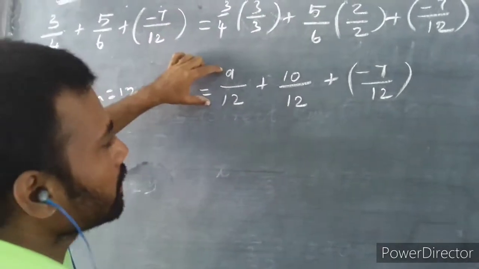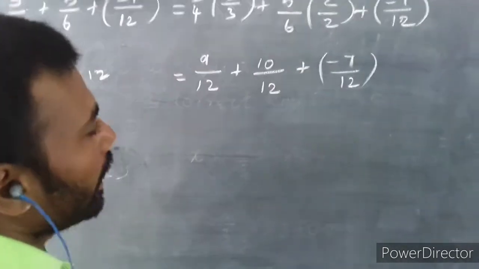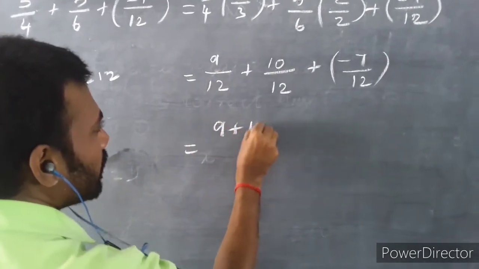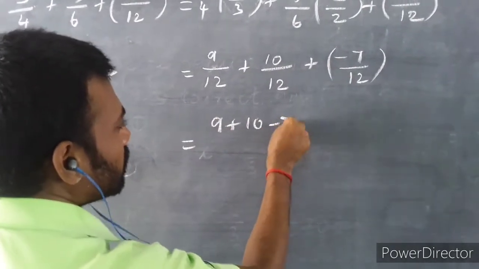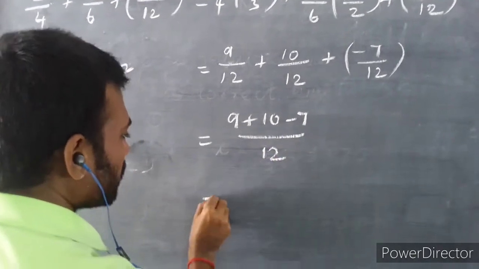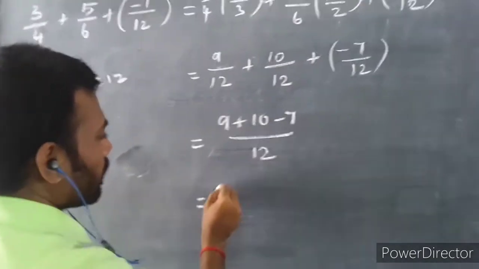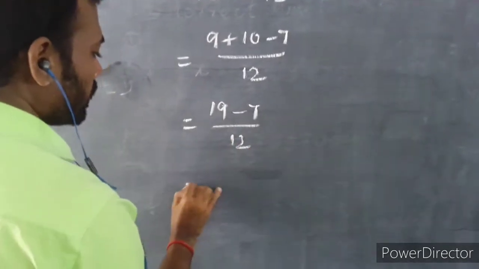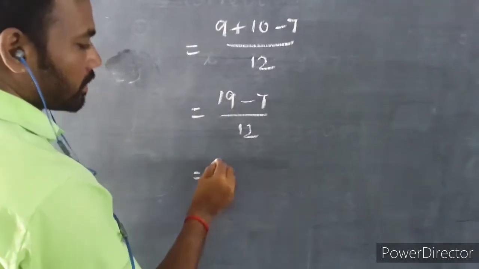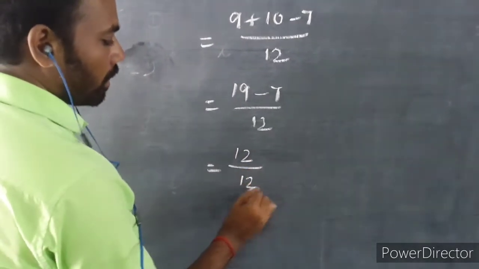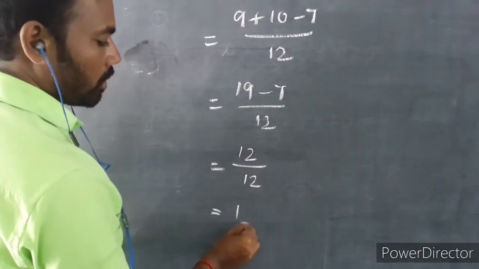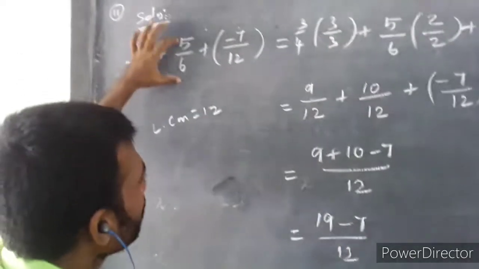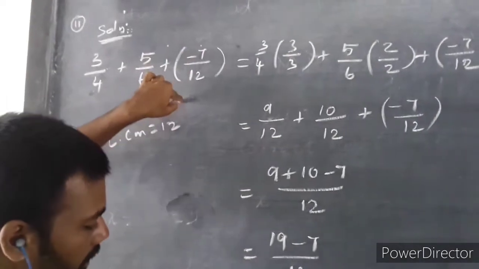In these steps the denominator values are equal, so add the numerator values: 9 plus 10 plus minus 7 by 12. 9 plus 10 is 19, minus 7 is 12, so 12 by 12, the answer is 1. Therefore this is the standard form. Students, 3 by 4 plus 5 by 6 plus minus 7 by 12, the answer is 1. This is the correct answer.